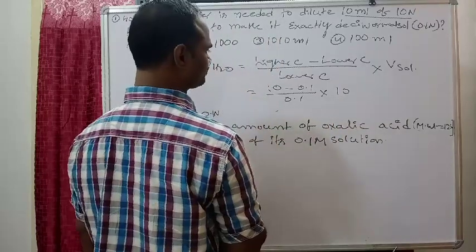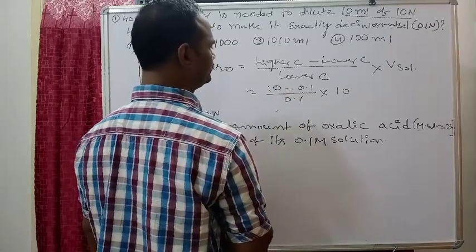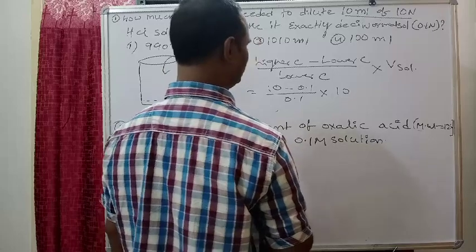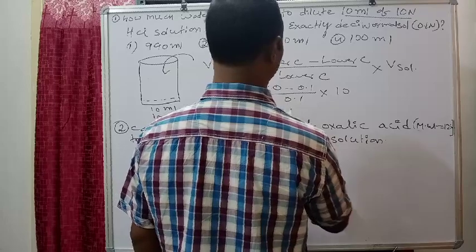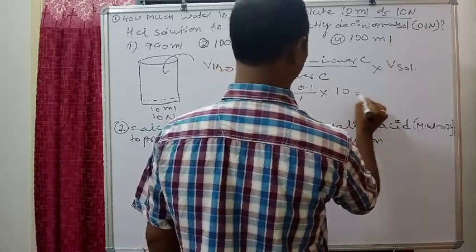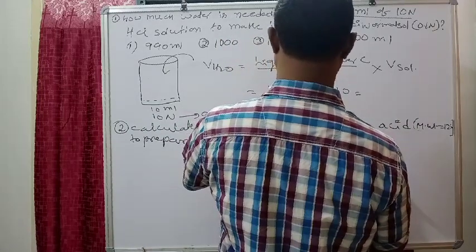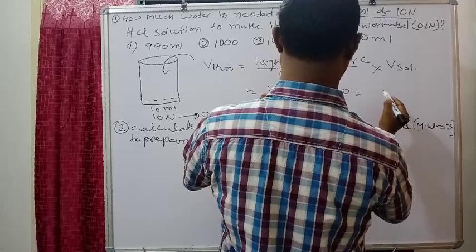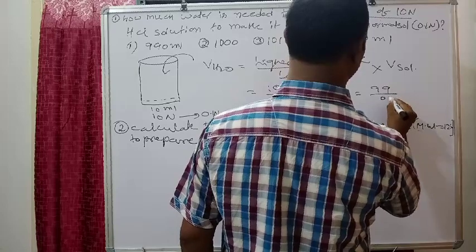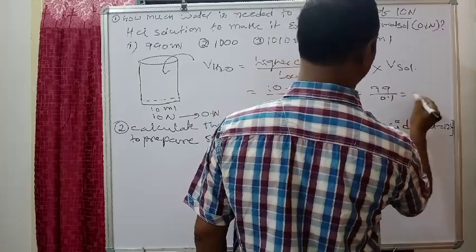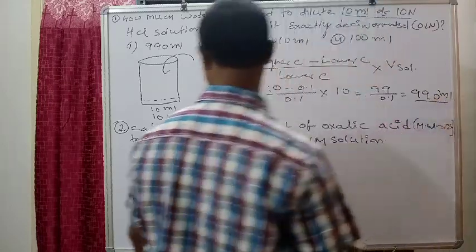Here you see, this becomes 9.9. 9.9 into 10 is 99, by 0.1, that is equal to 990 ml of water.